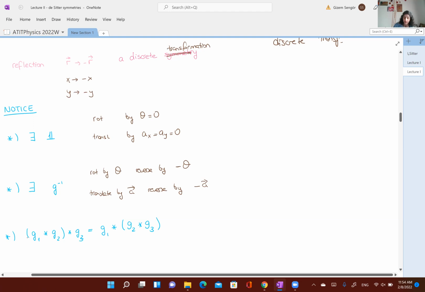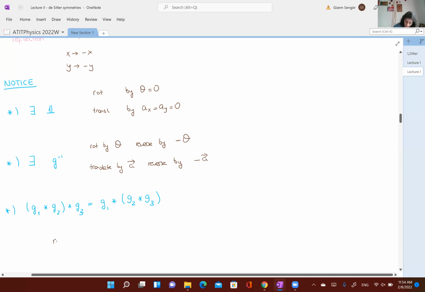And another thing, if you rotate twice, rotate theta 1, then rotate theta 2, altogether this is one rotation on its own, since we're rotating in the same direction. This is the same as another rotation, which would have had the parameter, whatever these two angles added up to. The same goes for translations.